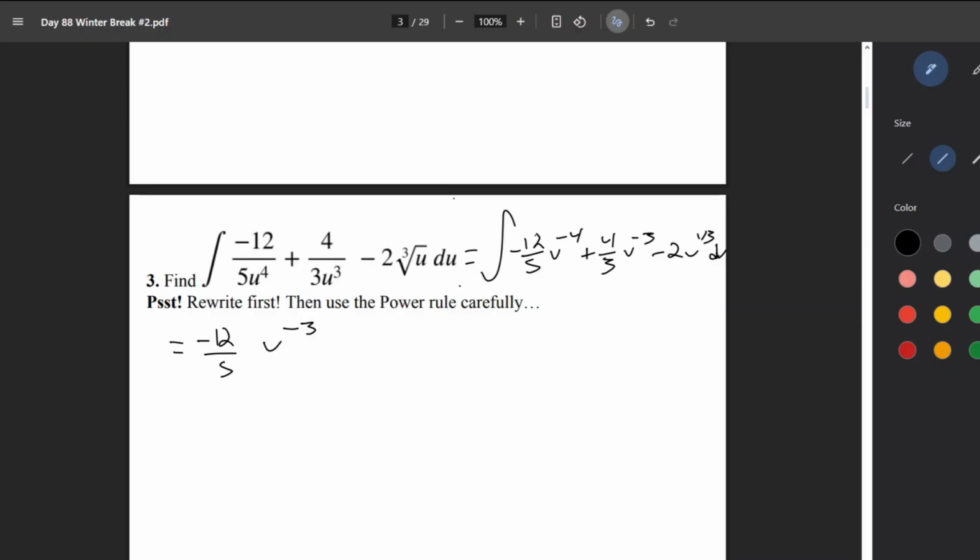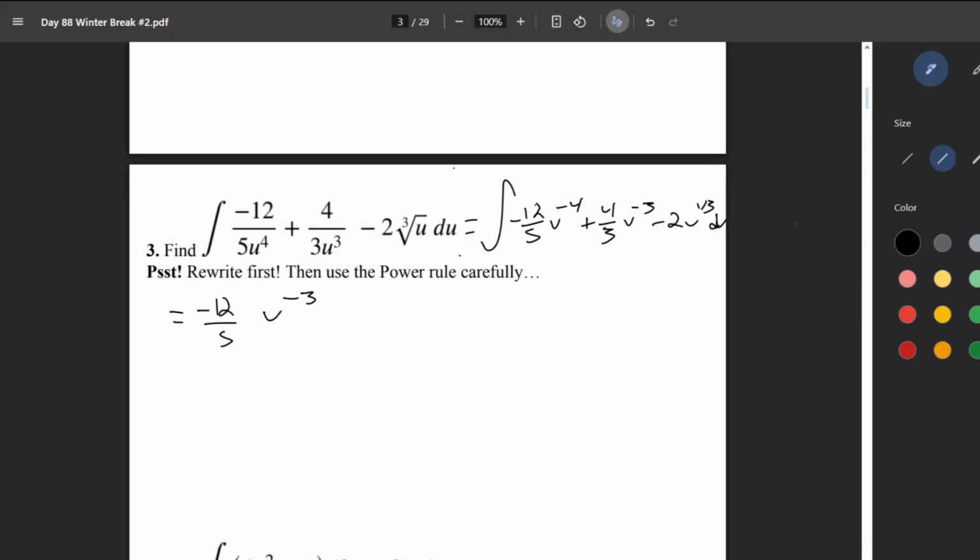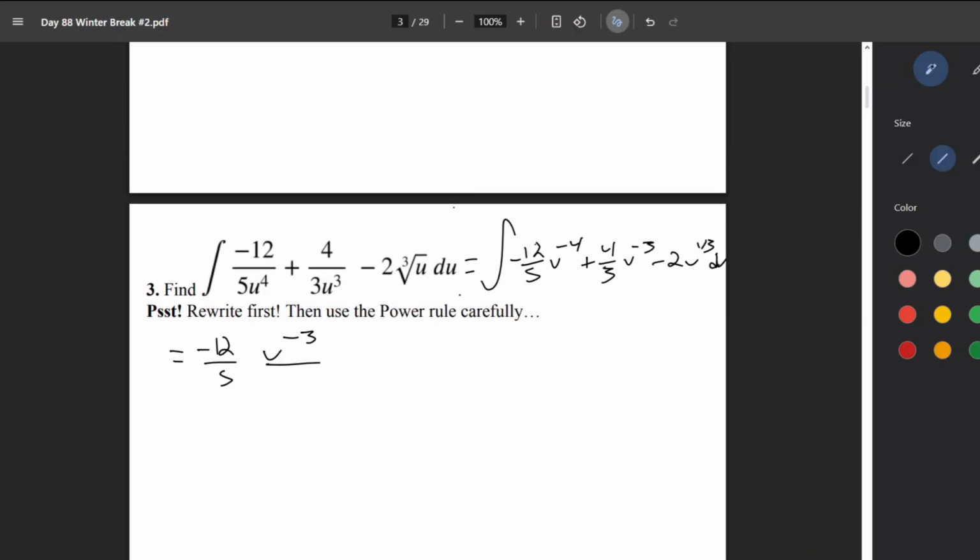Make sure to add +1. A lot of people will just do -1 because they would go to -5 thinking it's plus, but since it's negative, then -3 times there plus 4 over 3 times u to -2 over -2.